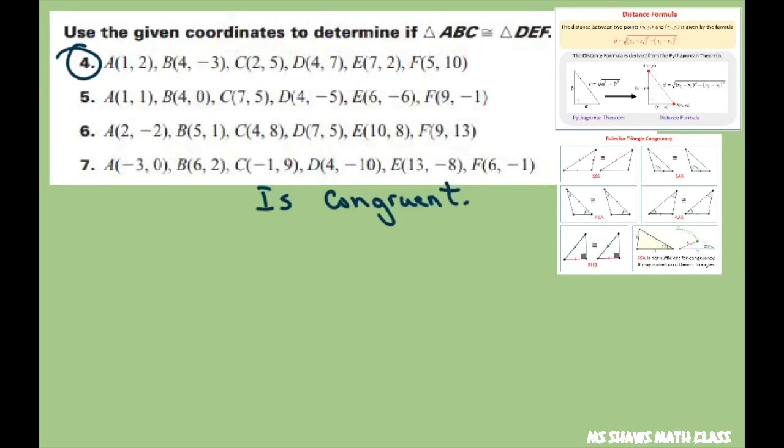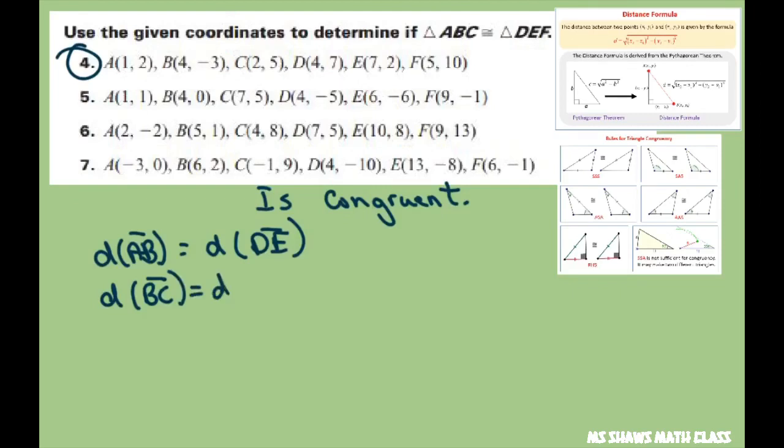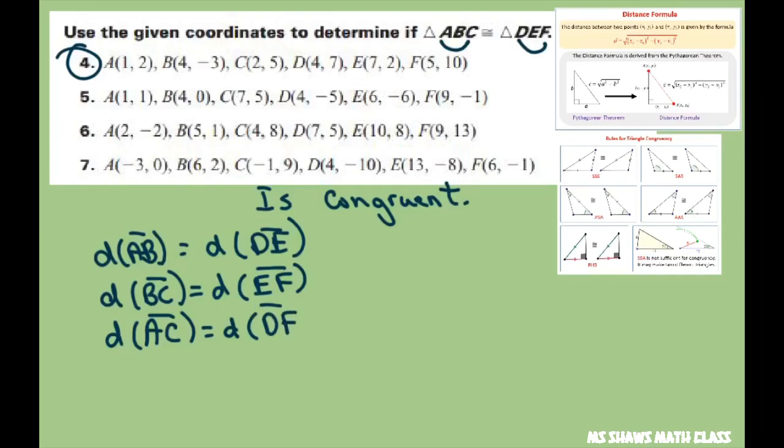You have to check that the distance of AB should equal the distance of DE, and the distance of BC should equal the distance of EF. Then you have to do AC with DF. So the distance of AC should equal the distance of DF. And they should be, because the answer is they are congruent.